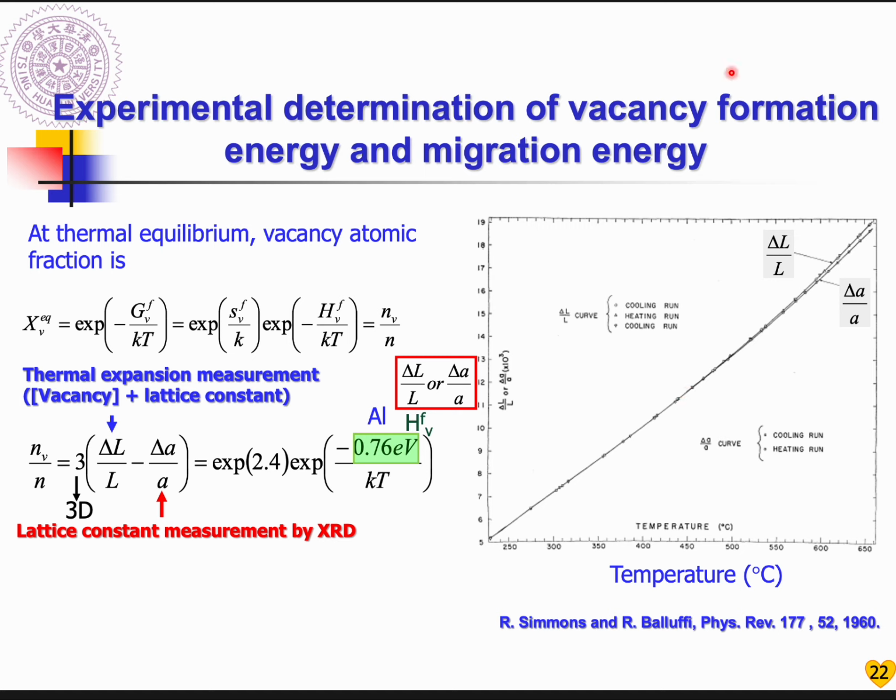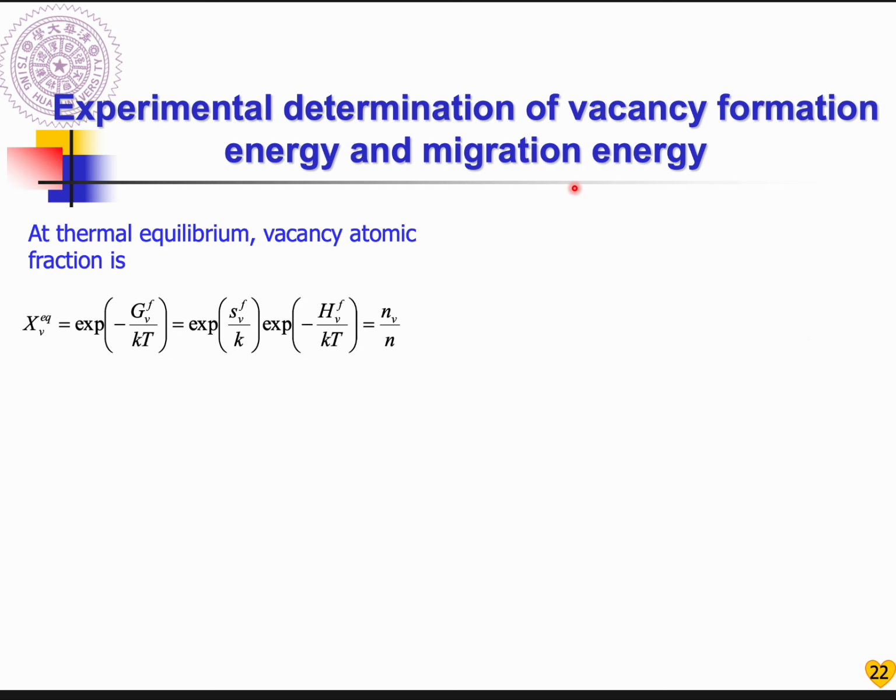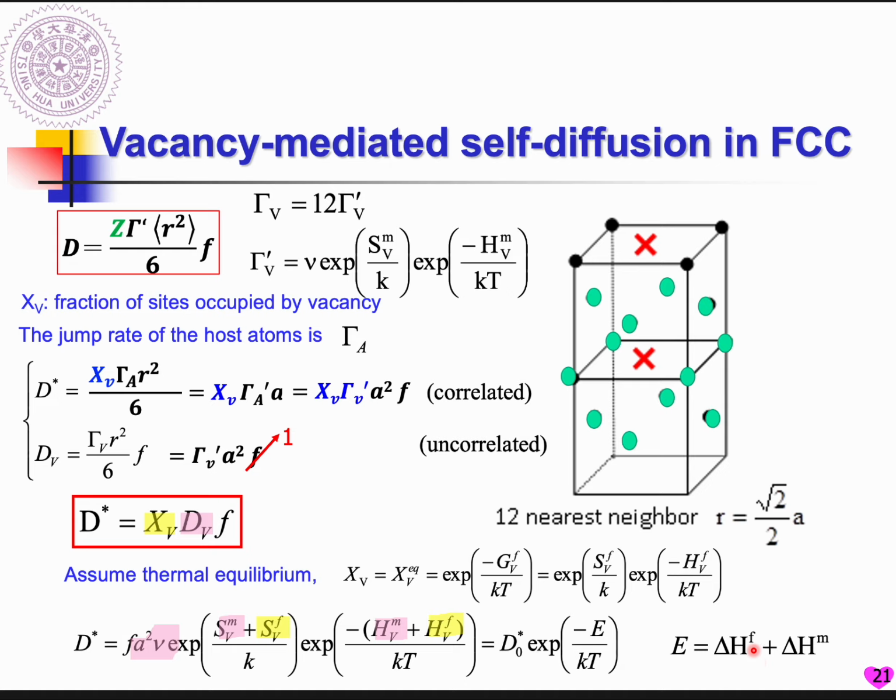Then we know this one, right? But how do we get the migration energy of the atom? Two things may come to your mind. Either you ask yourself, can we directly measure the migration energy of these diffusing atoms, or, because we already know the vacancy formation energy, probably we can measure the E. Then as long as we know the E minus the vacancy formation energy, we can get the migration energy.